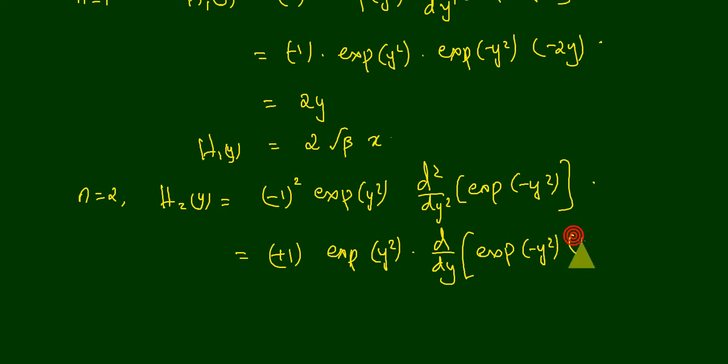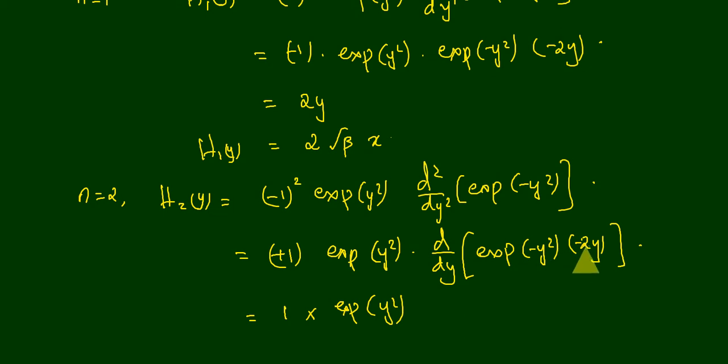So we have 1 into exponential y square into d by dy of this quantity.